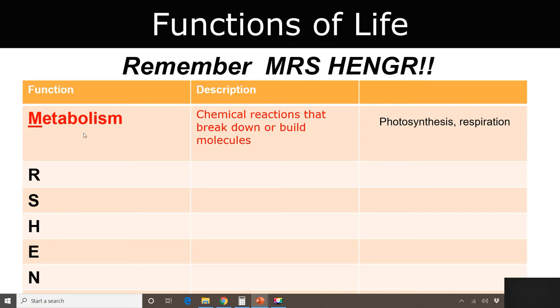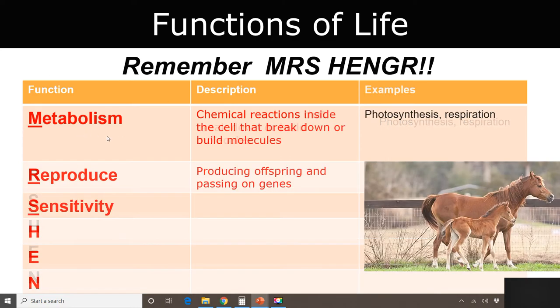That would be the M for metabolism. The R is reproduce. All living things, except for those exceptions, are able to reproduce. A thing is considered living if it can produce offspring, if it can pass on those genes. Like this horse, we know it's alive because it can make a baby horse.